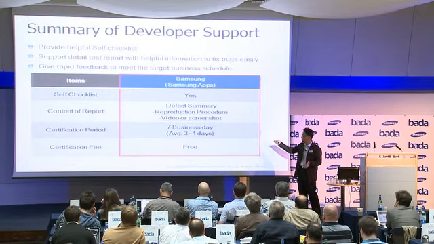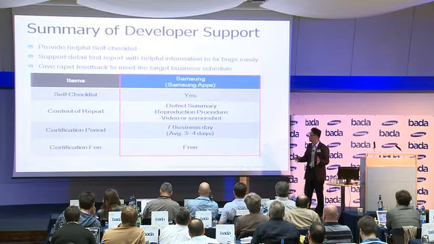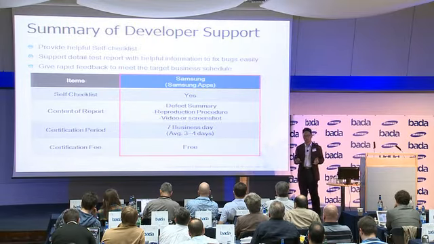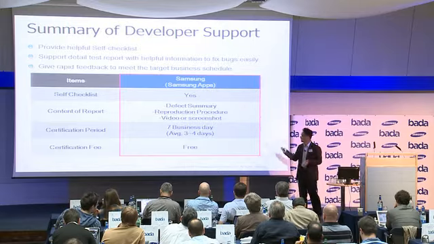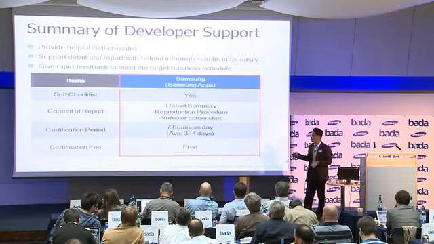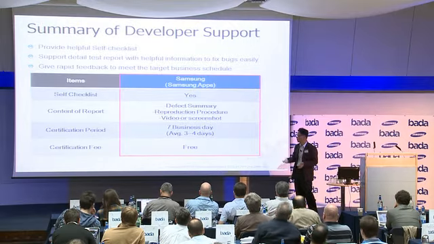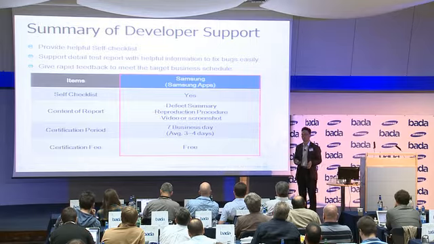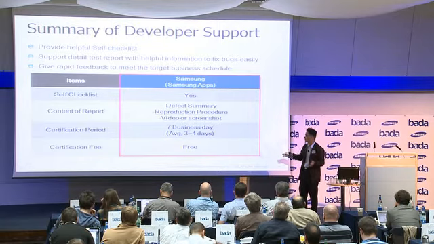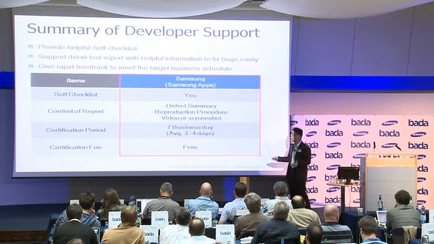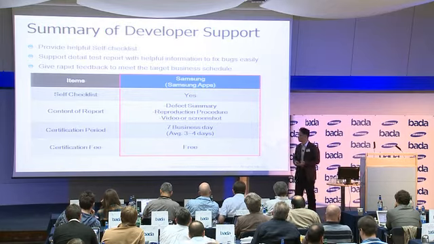Many companies provide defect summaries, but we provide really detailed reproduction procedures and also videos and screenshots. The third one, which I think you're really concerned about: officially it is 7 business days, but the average is 3 or 4 days to return the result.